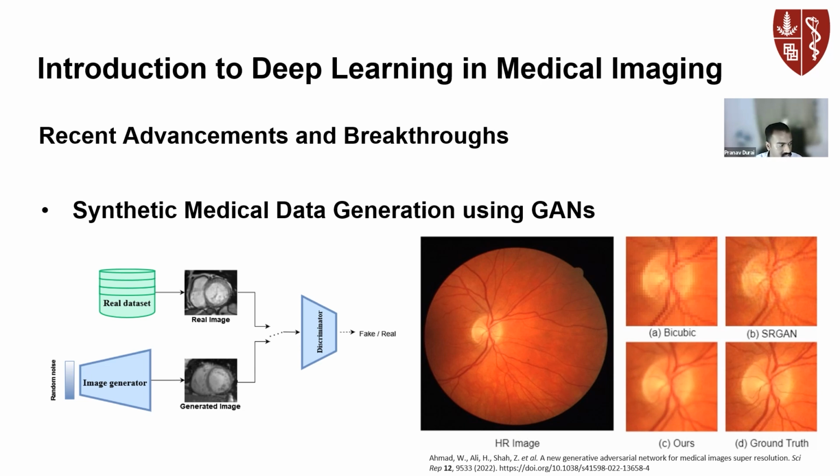And you could use an image generator component over here, which has random noise as a starting point. For each iteration, you have an iterative process where the GAN tries to beat the real image with its specific generated image. And in the end, it could also identify a fake versus a real image.